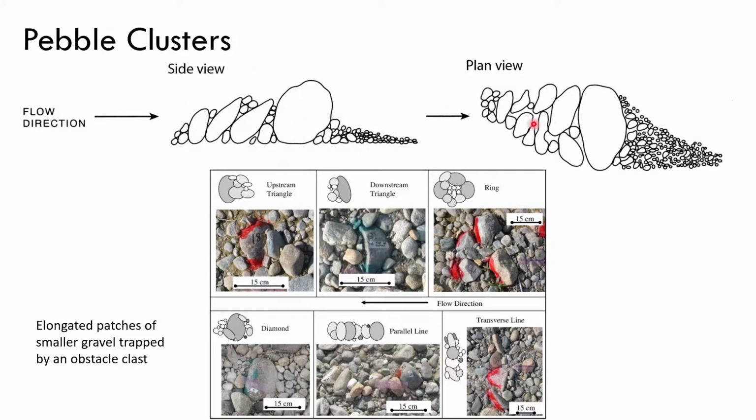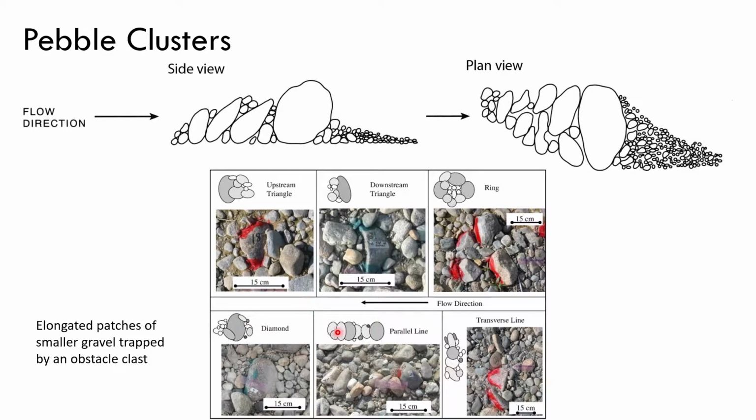Downstream triangles is what I'm showing in this top view here. You can get rings where larger pieces of sediment get collected into a little ring, and you get a little patch of finer grained sediment in between. A diamond formation is where you get an upstream triangle and a downstream triangle.